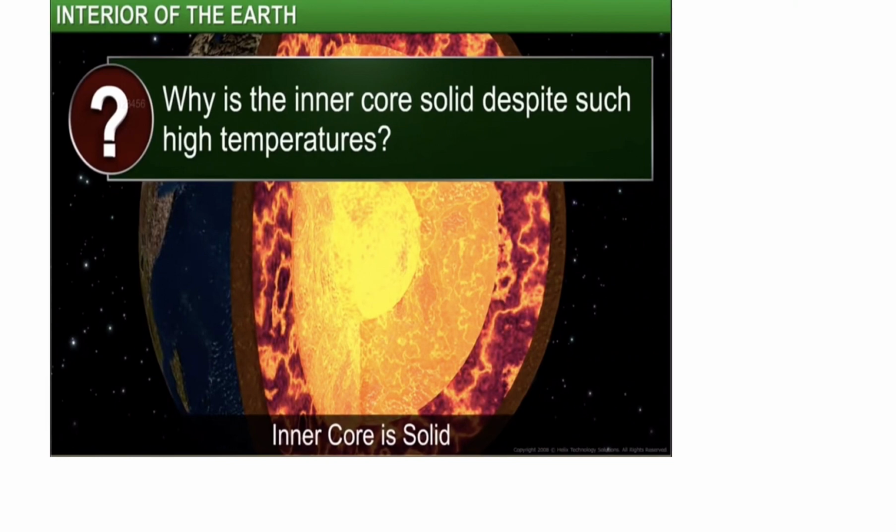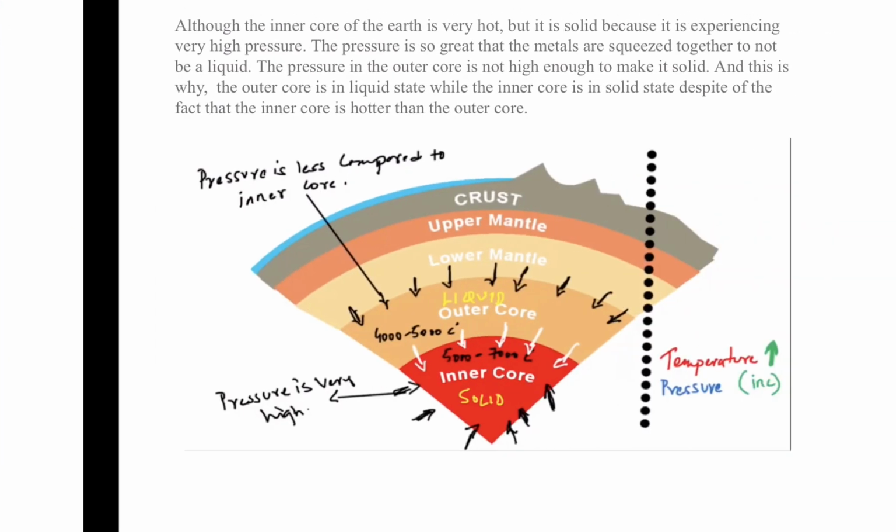We know that when we move towards the center of the earth, the rocks or the minerals are in the molten state, because they are converted into the liquid state because of the high temperature. So according to that concept, the inner core must also be in the liquid state, but it's not. It is in the solid state, and the simple reason behind it is the extremely high pressure on the inner core. Let's see how.